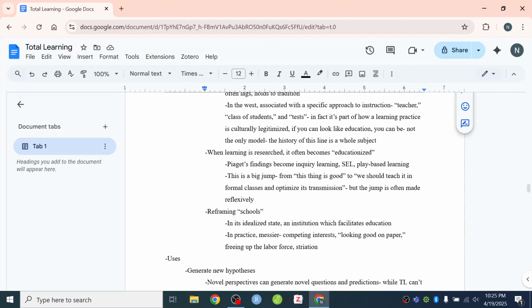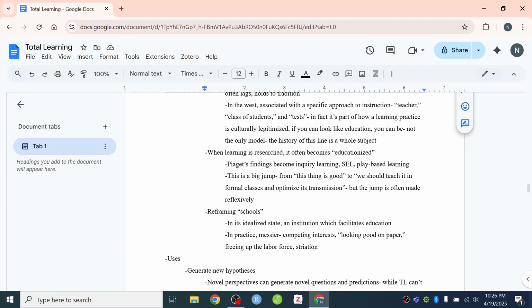Let's talk now about the uses. Okay, we've outlined this framework, this construct, the total learning construct. We've talked about some of the implications of that framework. What is the point of going through all this trouble?